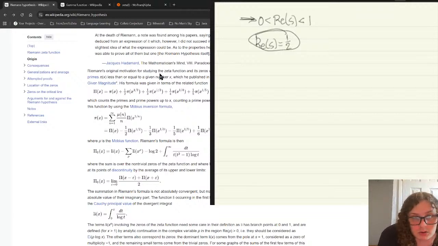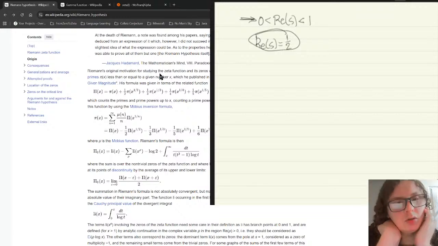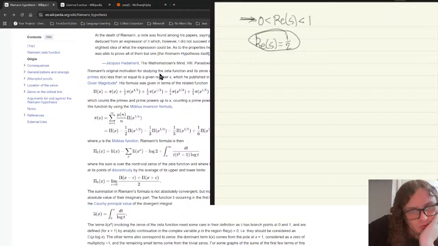Wow. So we have this Möbius inversion formula. It looks like it's just the inverse of the capital Pi of x.